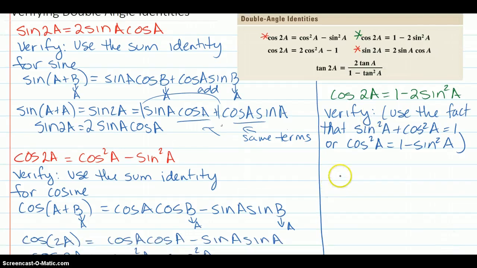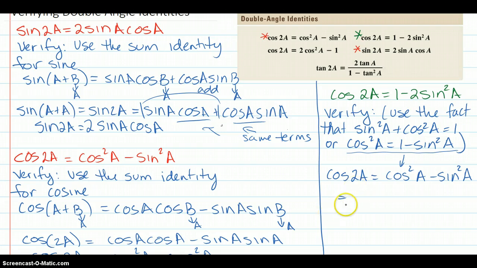Okay, so I'm going to start with the left-hand side, cosine of 2a. We already verified that this is equal to cosine squared of a minus sine squared of a. Now, I want to get this all in terms of sine, so I'm going to substitute this in for cosine. This is our normal way of verifying: start with one side and use other identities to get to the other side.